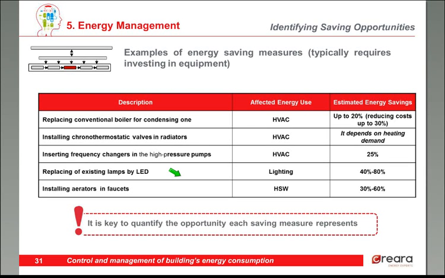Energy saving measures, as I was saying before, are those which typically require investment in different equipment, either to replace an existing equipment or to complement or improve an existing equipment.